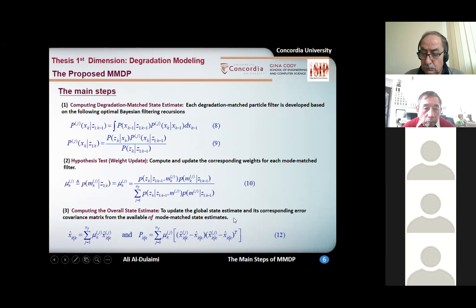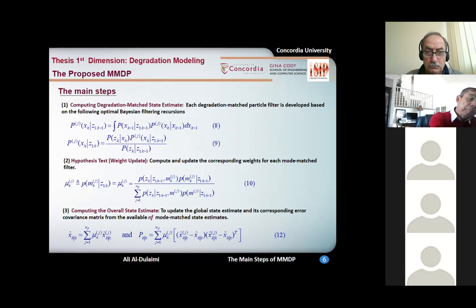The main steps of this approach start with each mode-matched particle filter being developed based on the following optimal Bayesian filtering recursion: basically the prediction and the updating. Then we need to compute and update the corresponding weights of each mode-matched filter.